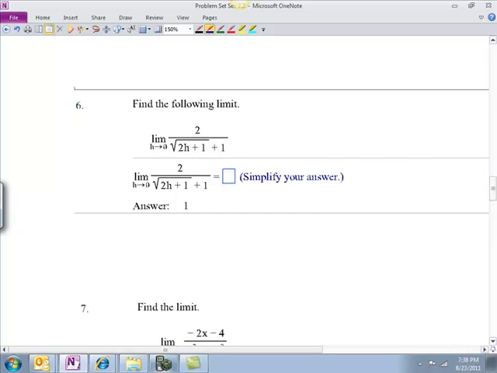The limit as h approaches 0. No, because we've got 2h plus 1 under the radical. So we can plug in. So what's the square root of 1? So we got 2 over 1 plus 1.